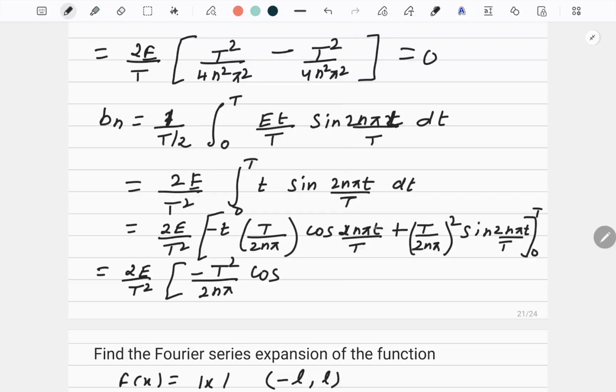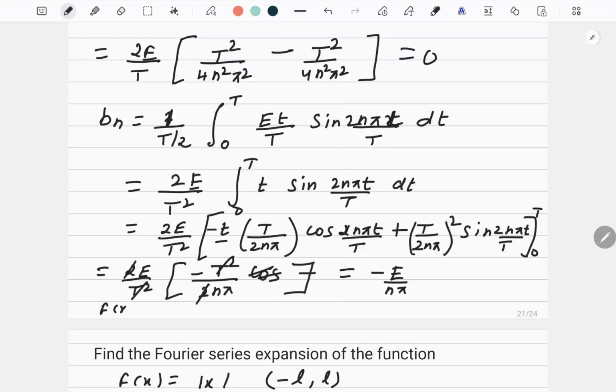Sorry, when you are putting capital T, T gets cancelled, 2n pi is 1. So that cos term is gone. So minus, now I'll put 0. When I put 0, because of this T, it will become 0. So 2 will get cancelled, T square gets cancelled. So minus e upon n pi is the value of my bn.